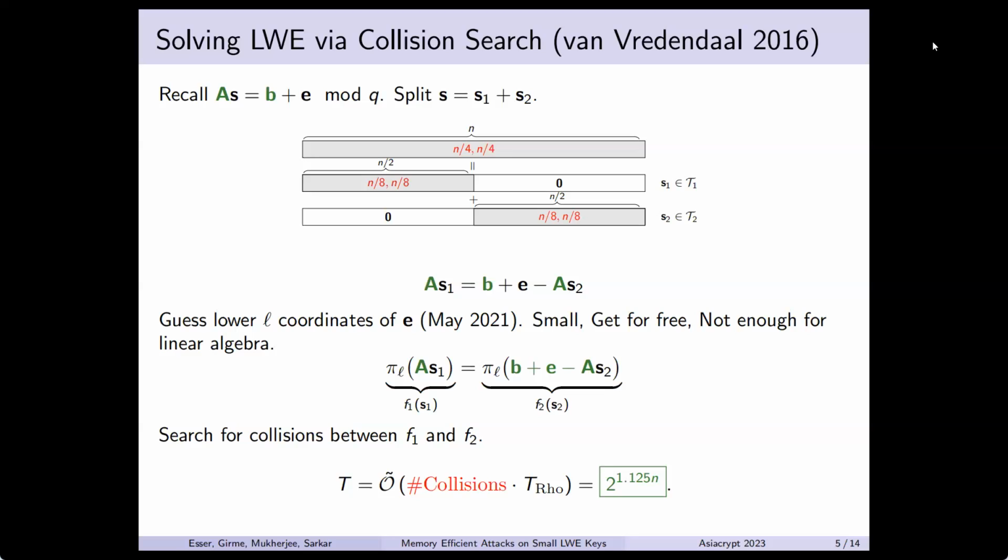So just note that this is a variant of this algorithm that was given by May in 2021. The original Van Wilgenthal attack used locality sensitive hashing to bypass this guessing part, but we are going to use it. So we just project this identity to the lower L bits. So we get pi_L of A S1 equal to pi_L of B + E minus A S2.